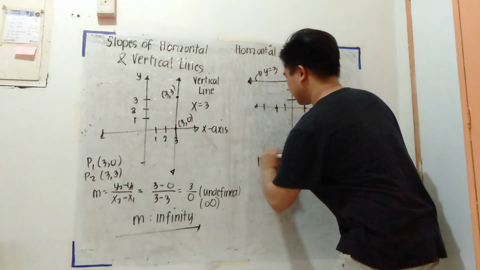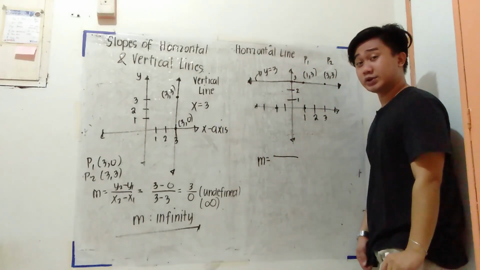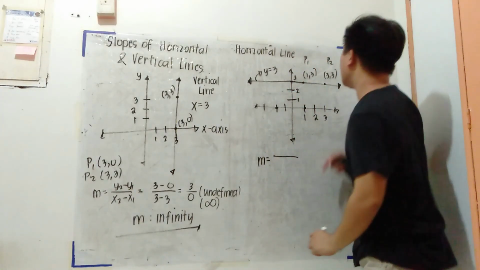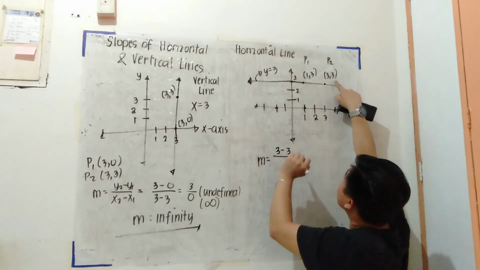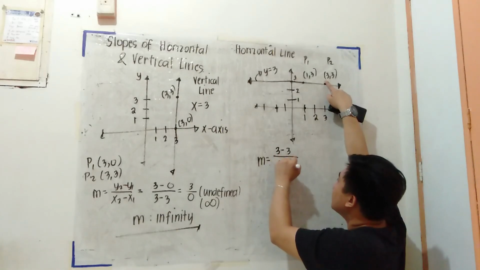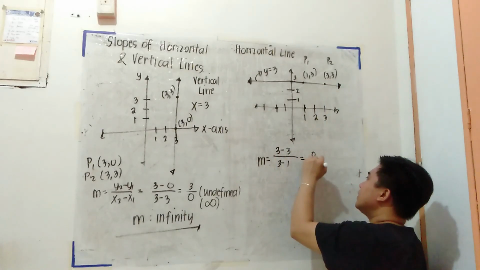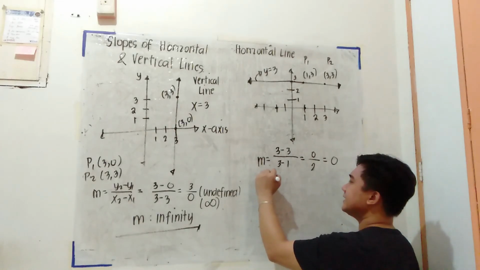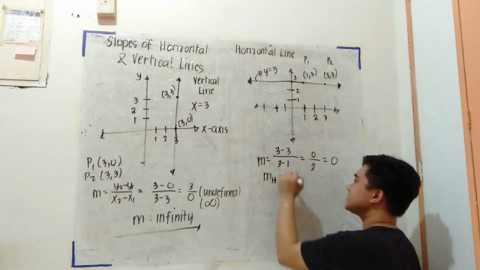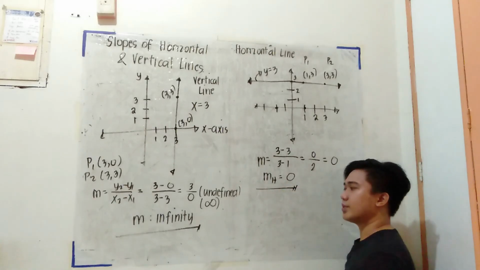So, m is equal to y2 minus y1 all over x2 minus x1. So, that is 3 minus 3 all over 3 minus 1. So, this is 0 over 2 or simply 0. So, kapag horizontal line naman po ang meron tayo, your slope is equal to 0.